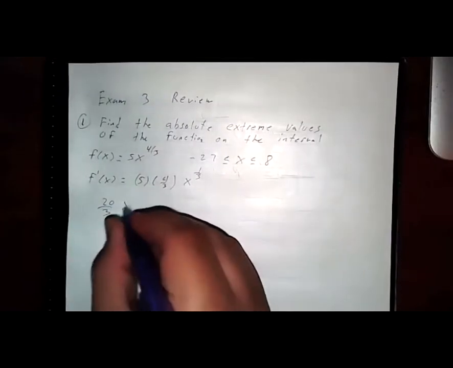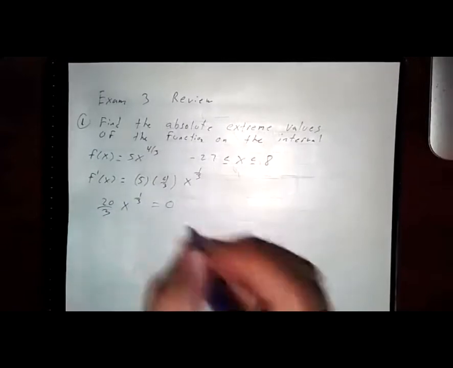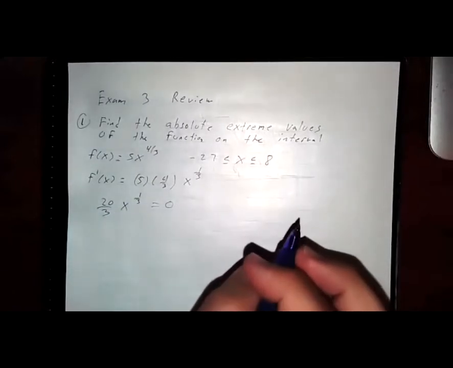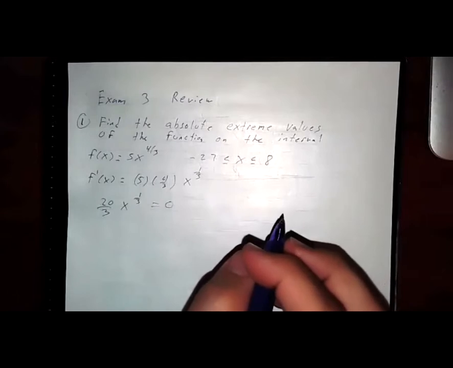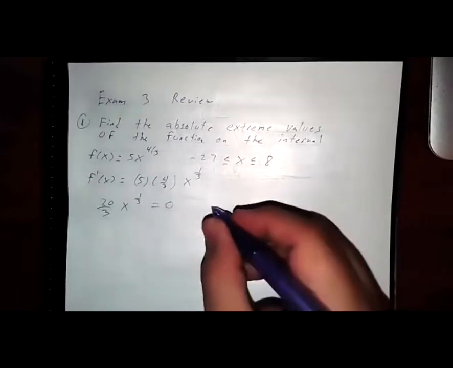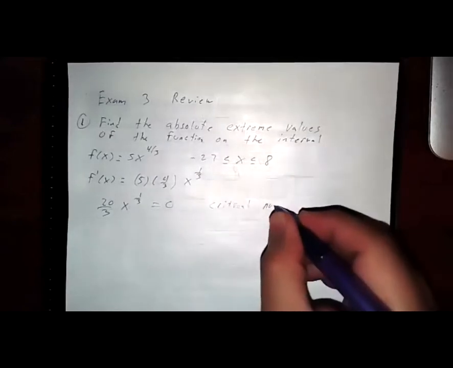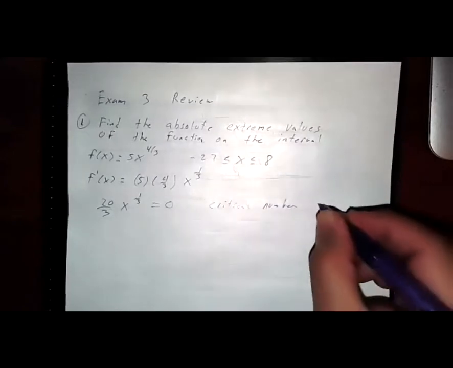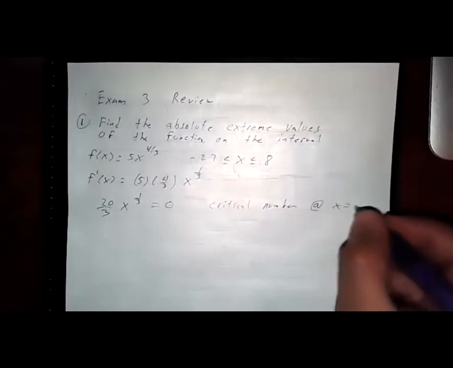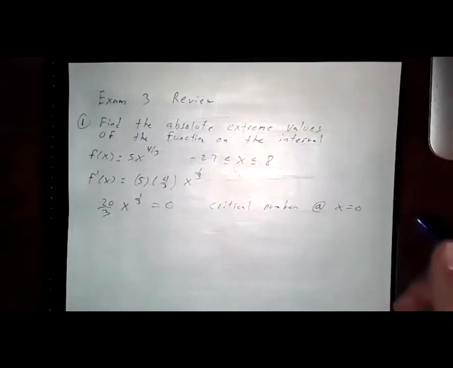So that'll be 20/3 x to the 1/3 equal to 0. It looks like it's going to be a critical value or number at x equals 0.